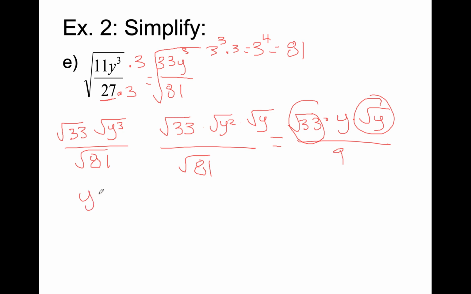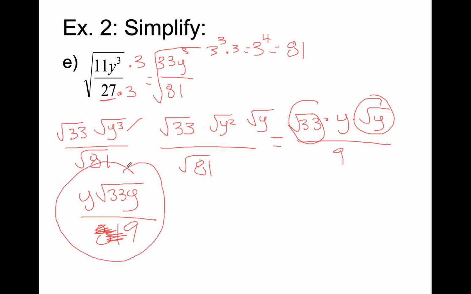So I'm left with y times radical of 33y, all over 9. Last step, I'm just going to check to make sure that it's in simplest form. It is. So that's my final answer.